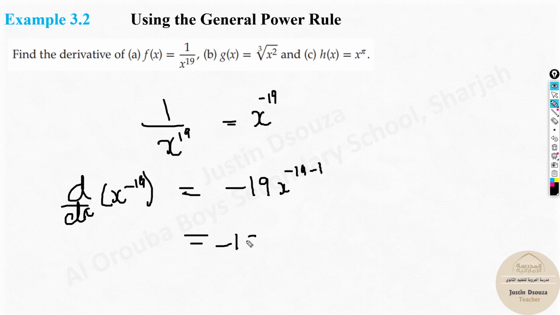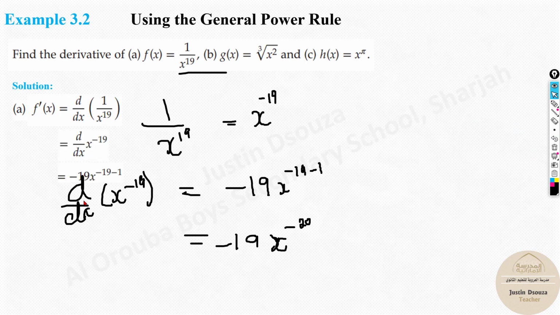So this is going to be negative 19x to the power minus 20. Why did the magnitude increase? Because it is negative, you need to add it up. Minus 19 minus 1 will become minus 20, and that is the answer. So this is how we solve the first one. I hope this is clear. It will be negative 19 x to the power minus 20.